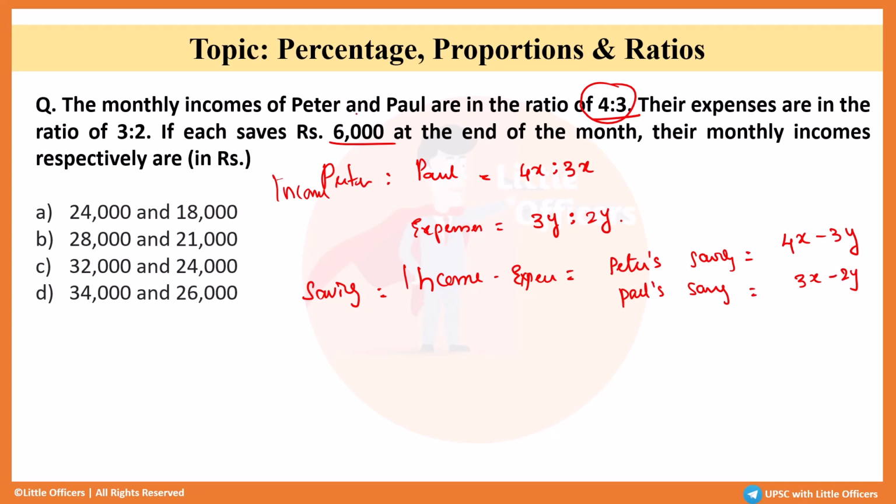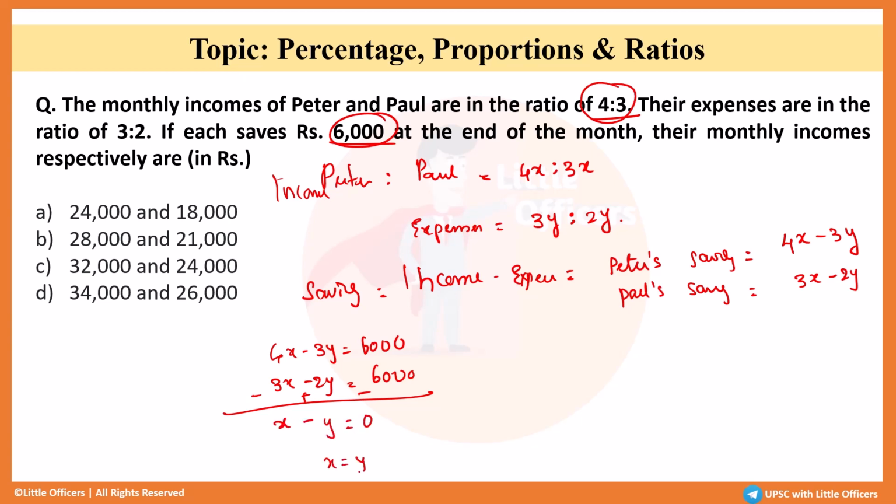But it is given that both of them are saving 6,000. That means 4x minus 3y is equal to 6,000 and 3x minus 2y is equal to 6,000. अब आपके पास दो इक्वेशंस हैं विद 2 वेरिएबल्स. सिंपली सॉल्व दिस इक्वेशंस. माइनस करेंगे, x minus y is equal to 0, x equal to y.